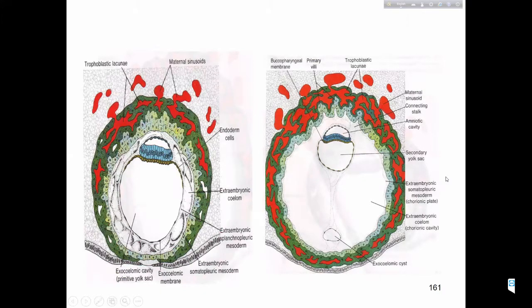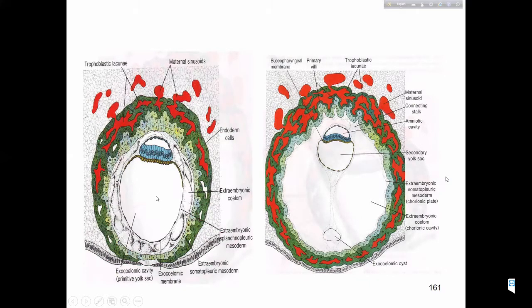What happens here is that the hypoblast ultimately will secrete endodermal cells and they will form another cavity here, lined by endoderm. Look at this figure again. The hypoblast secretes the exocoelomic membrane, or Heuser's membrane, named after the scientist who discovered this membrane.